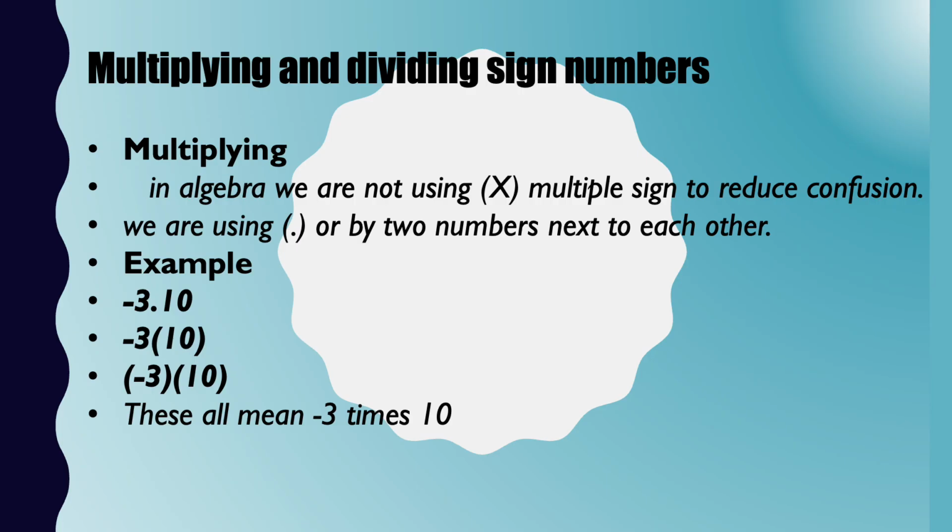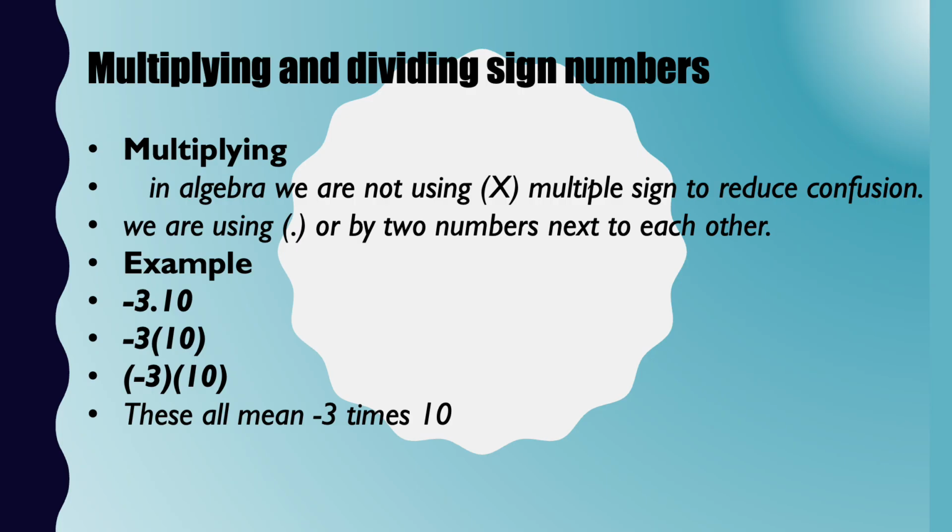You can see the example. See this example, minus 3 dot 10. What does this mean? This means minus 3 multiplied by 10. Second one, minus 3 10. What does this mean? This means minus 3 multiplied by 10.